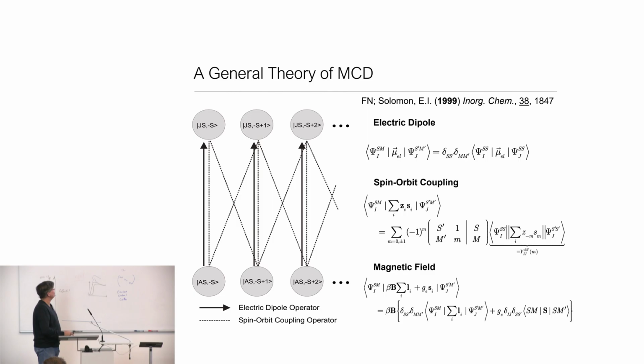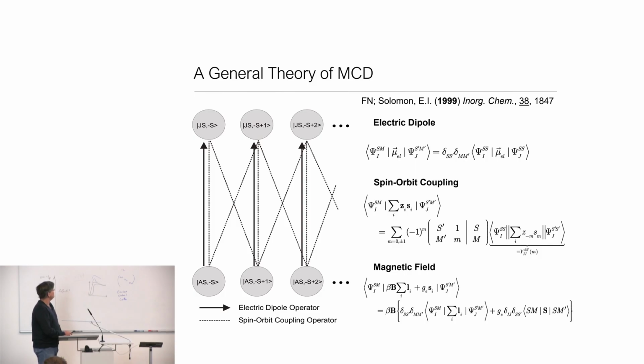I don't want to lead you through that, but the principle of that treatment is looking at the mechanisms that give MCD intensity. And for that mechanism, you have to have spin-orbit coupling, right? For the EPR g-tensor shift, you also have to have spin-orbit coupling.